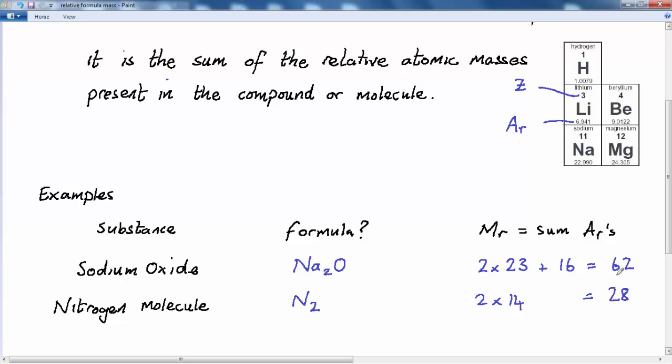They are very, very important for doing that. But these aren't actually masses in the conventional sense of the word. They are just numbers which indicate the relative masses of the molecule or compound.